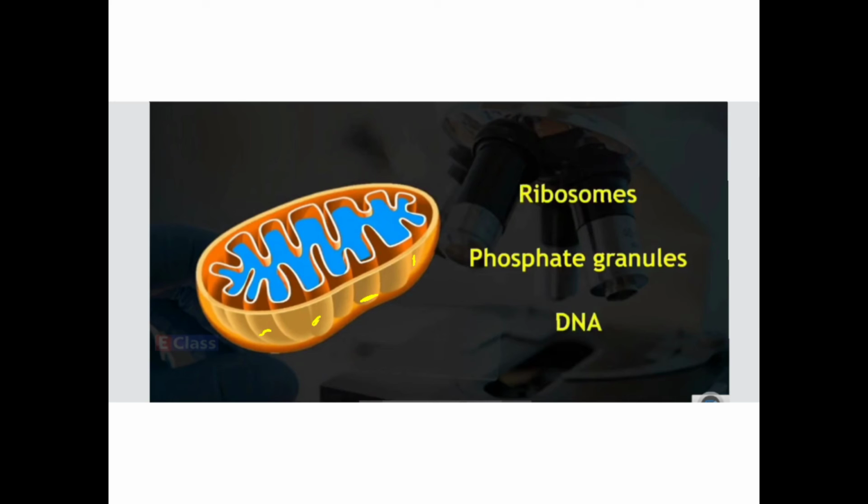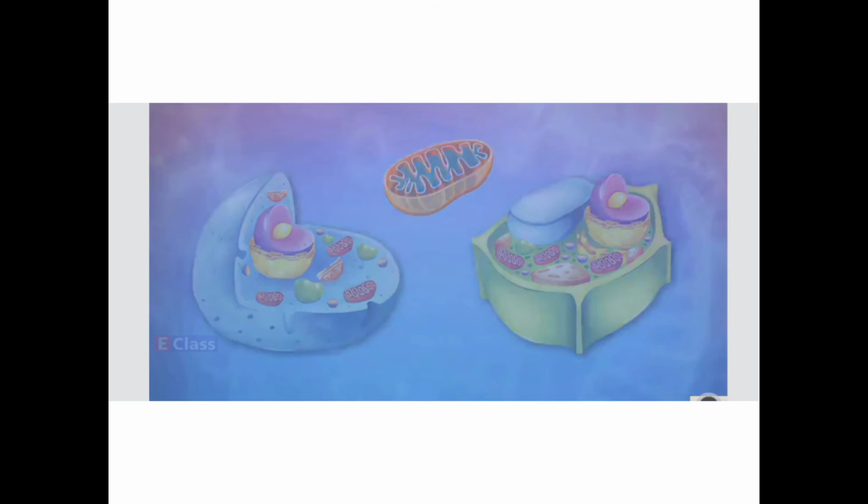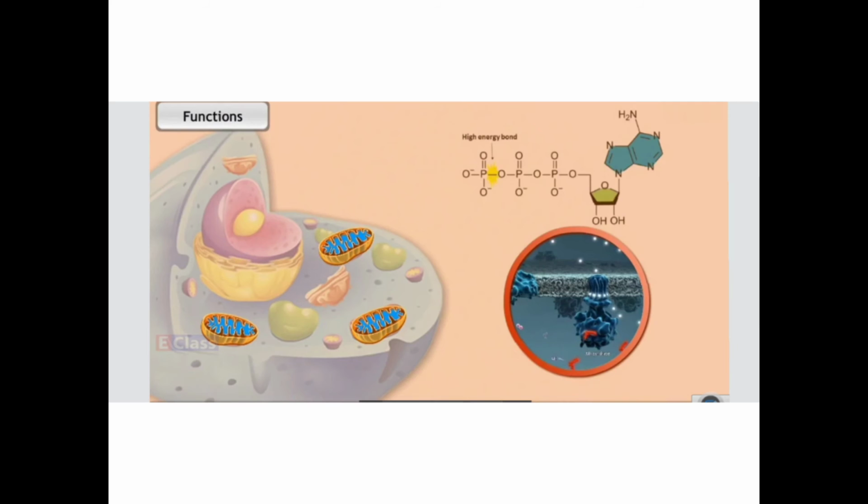Okay, and when this oxidation process is done, the energy is released, and this released energy is stored in the mitochondria in the form of adenosine triphosphate. Okay, it is stored in the form of ATP molecule. You may not remember the entire word adenosine triphosphate, you can just remember ATP.